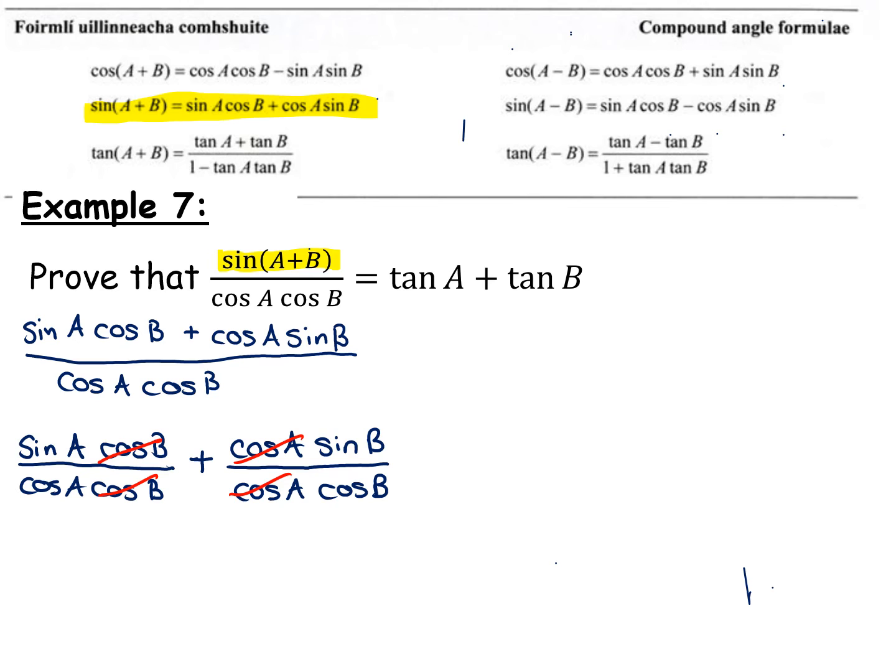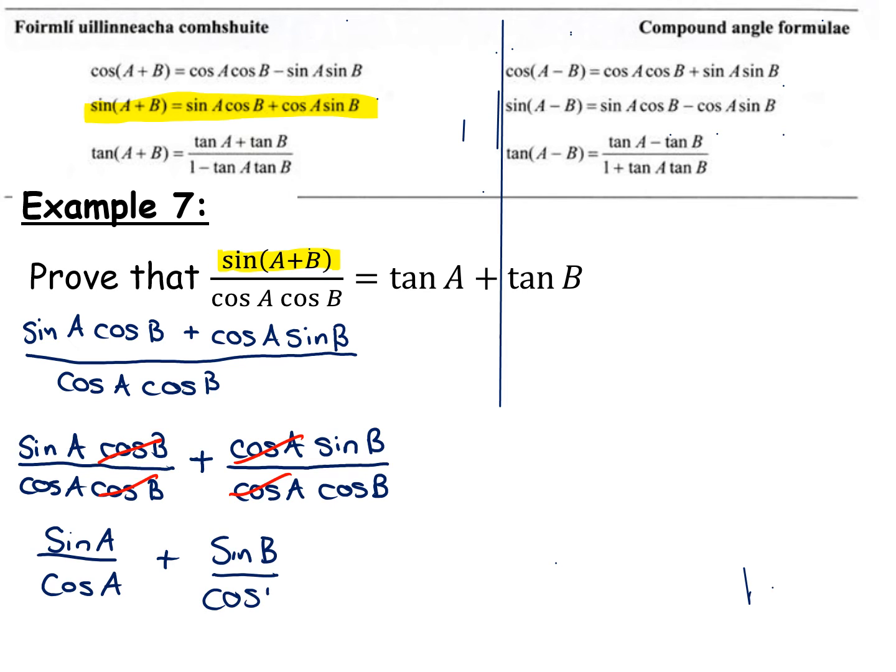So now we're left with sine of A over the cos of A plus sine of B over the cos of B. So if you go back to page 13, and on the top left hand corner we will find a little formula there to tell us that the tan of A is sine of A over cos of A, which means what we've just worked out is the tan of A plus tan of B, and that's exactly what they asked, QED.